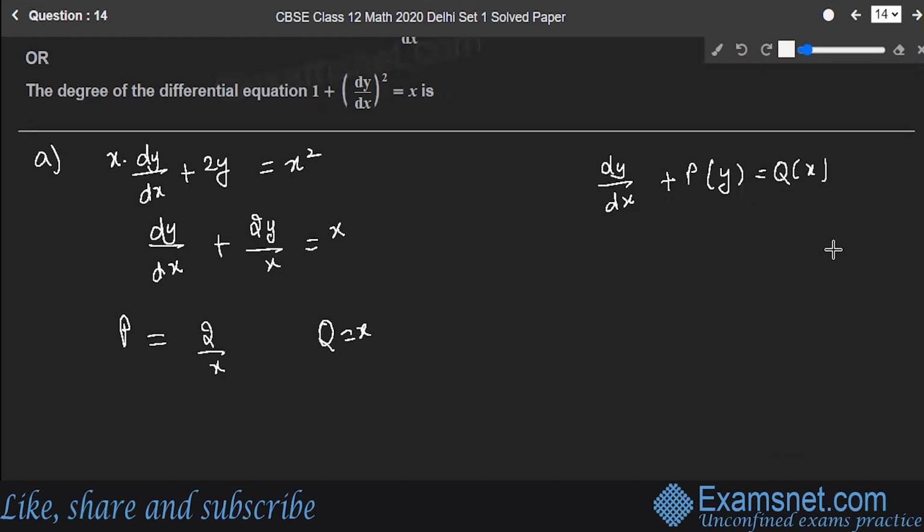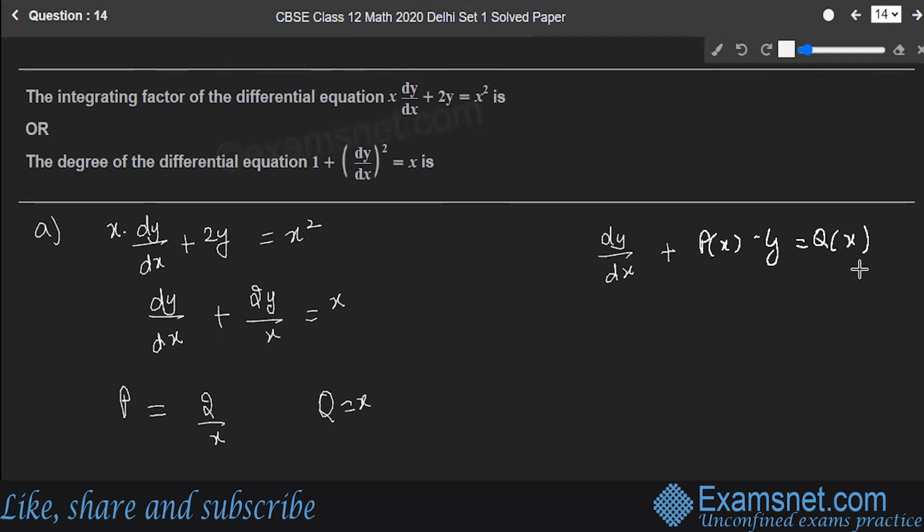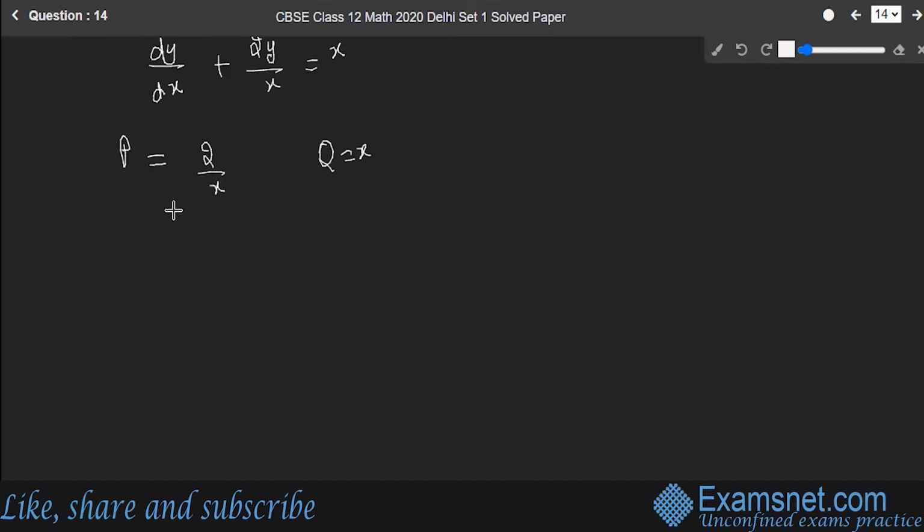Not P of y, wait, it is P(x)·y = Q(x). So here you have the value of P as 2/x and Q as x. So the integrating factor is e^(∫P dx), which is equal to e^(∫2/x dx).